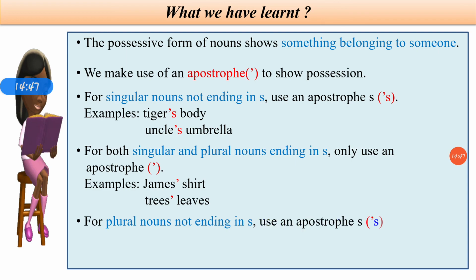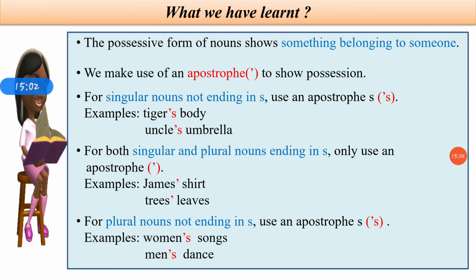For plural nouns not ending in s, we just use an apostrophe s after the plural noun which is not ending in s. Examples, women's songs, men's dance.